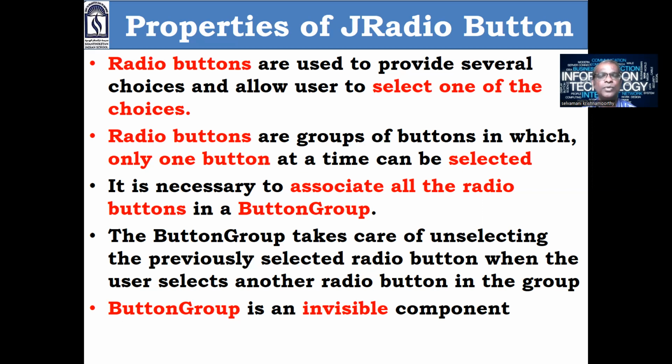It is necessary to associate all the radio buttons in one button group. In the same application, we can have more than one group of radio buttons. For example, gender status. Under gender status, you can have two radio buttons, one for male, another for female.